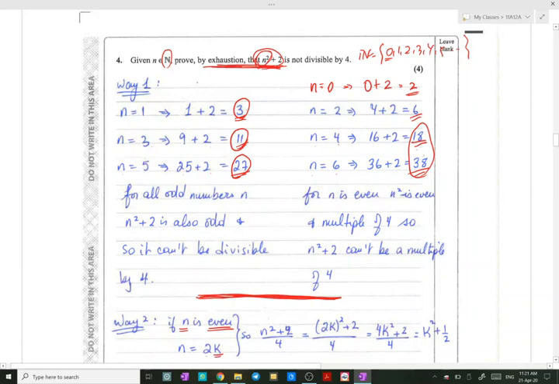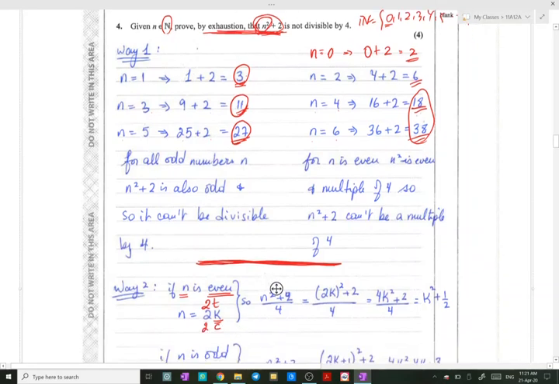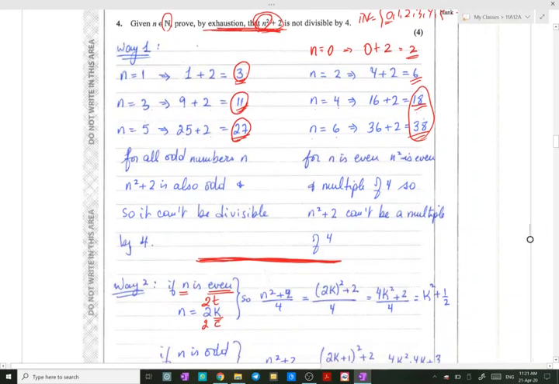You can write it as 2t or 2c, it doesn't matter, as long as you have the coefficient 2, because anything multiplied by 2 makes it an even number.